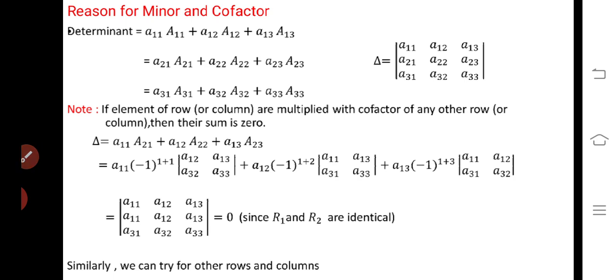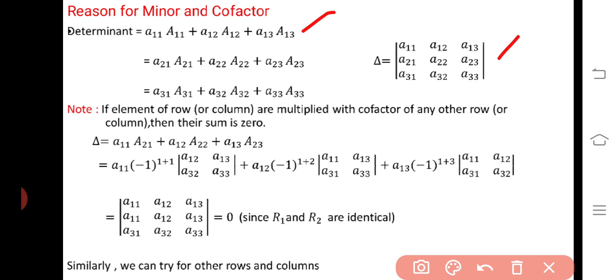Okay, here is how to find the relation for minor and cofactor. For this matrix, represent the determinant with A11, A12, A13, A21, A22, A23 and A31, A32, A33. In mathematical terms, the determinant is equal to A11 into cofactor of A11 plus A12 into cofactor of A12 plus A13 into cofactor of A13.